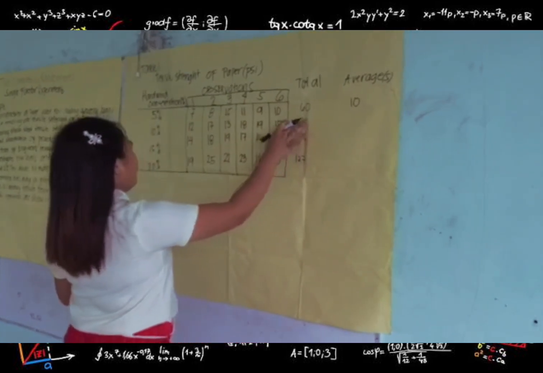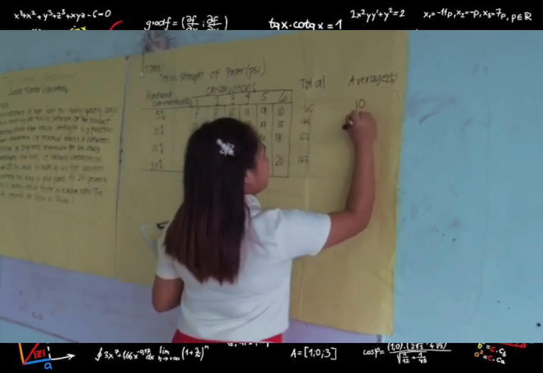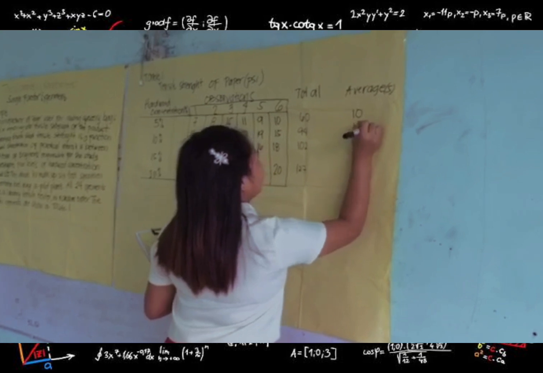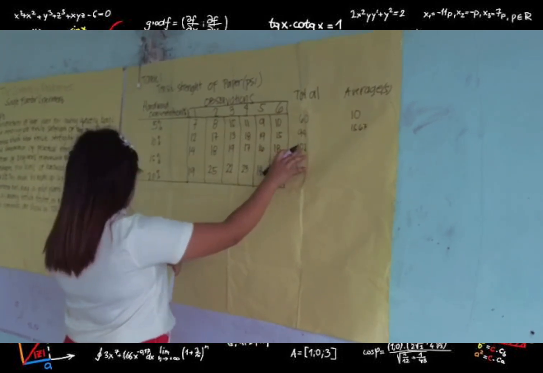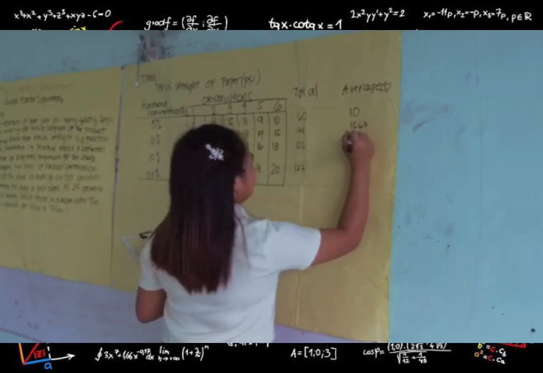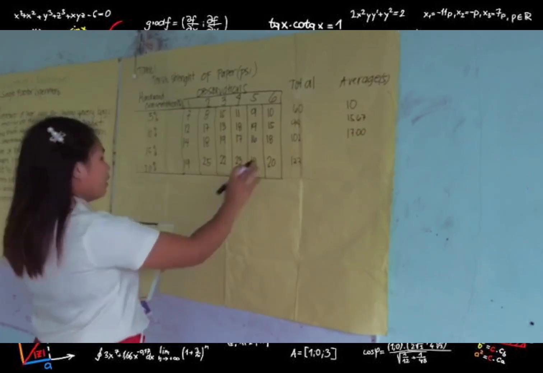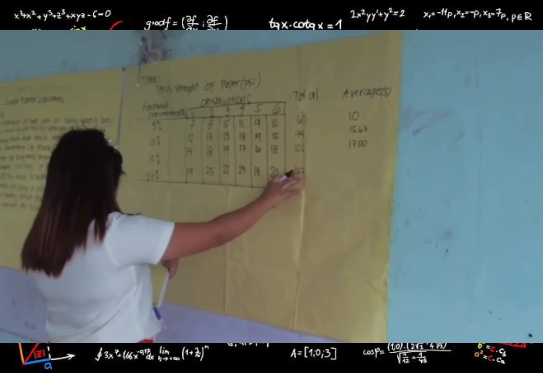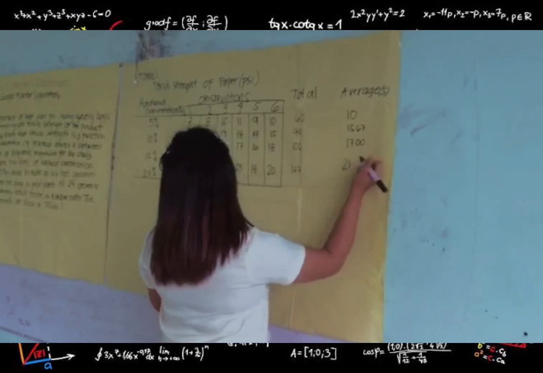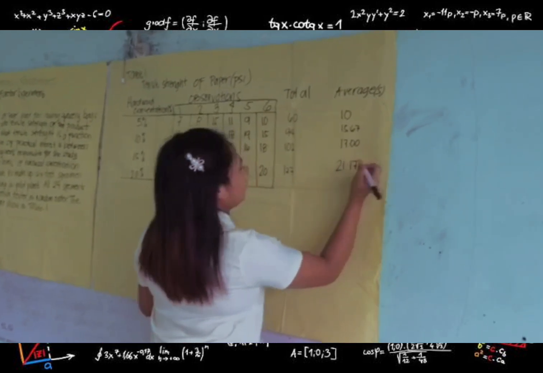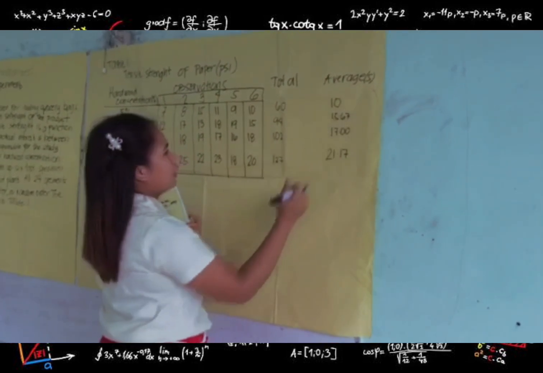Then 94 divided by 6 is 15.67. Then 102 divided by 6, the answer is 17. Then 127 divided by 6, the answer is 21.17. Rounding off, it should be 15.66 for the earlier one since we round off.